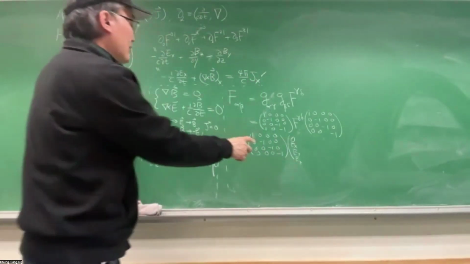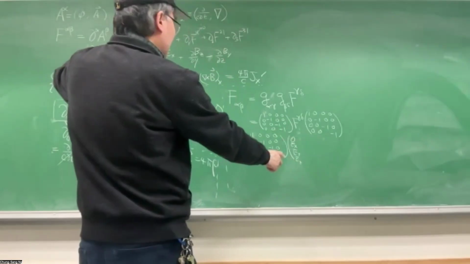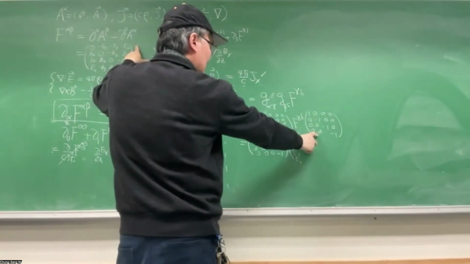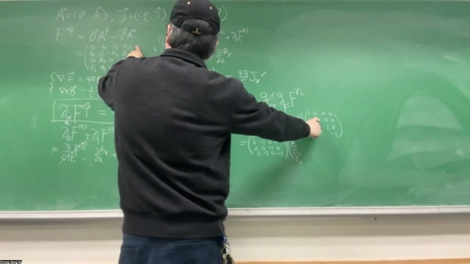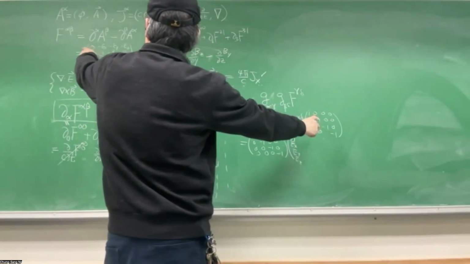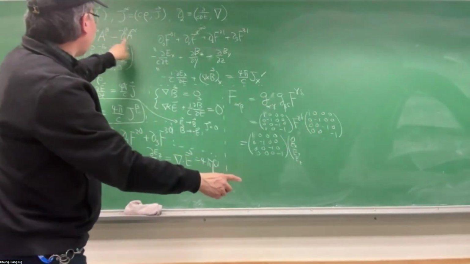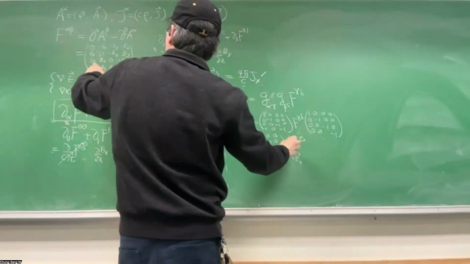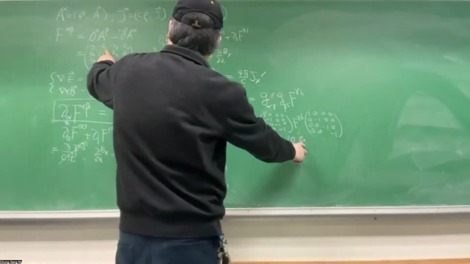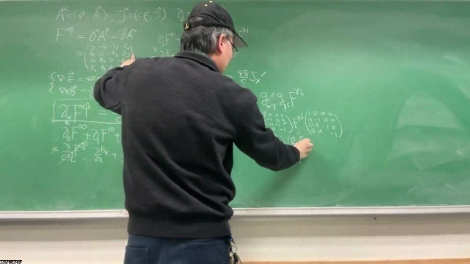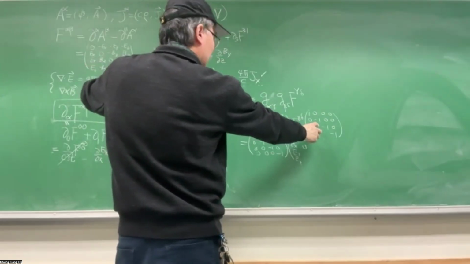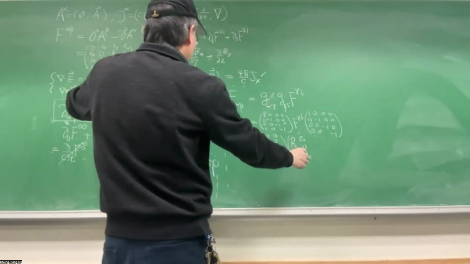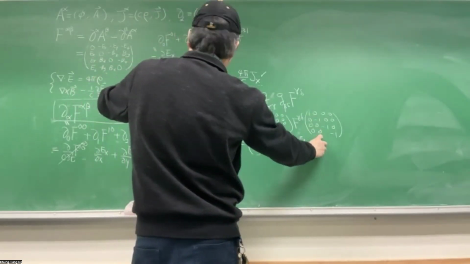Okay. Now you do the same thing for this second column. The first element, this row multiplied by this one, and basically you just change the sign. So this one multiplied by this one. The second one, change the sign, so Ex to minus Ex. And this one is this one multiplied by this one, so it's 0. And then this one multiplied by this one, so minus Bz. And then this one multiplied by this one is By.